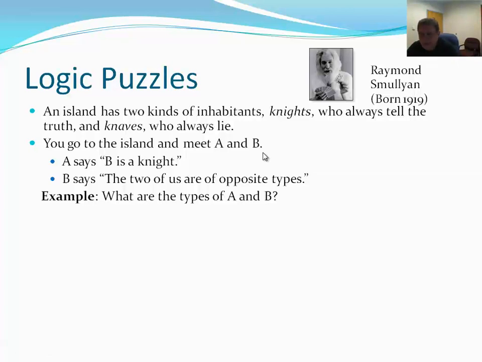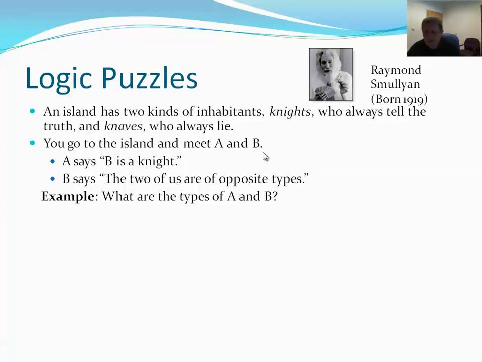The assumption here is that a knight always tells the truth, and a knave always lies. Now we don't know if A is a knight or a knave. If A is a knight, then that means B is a knight.